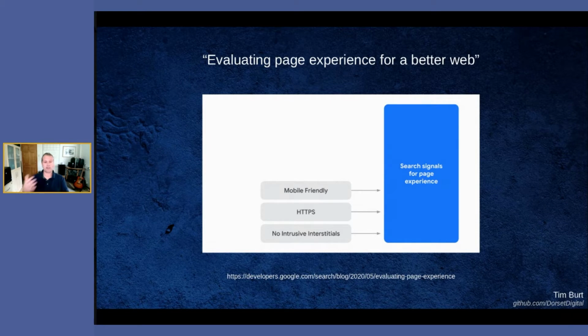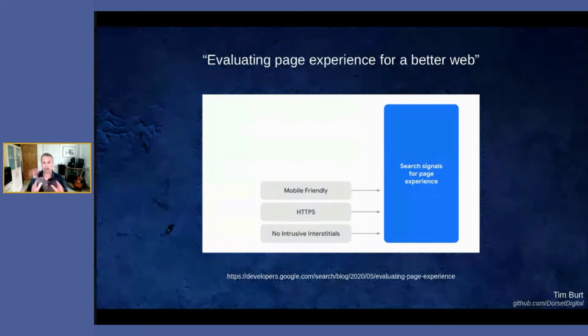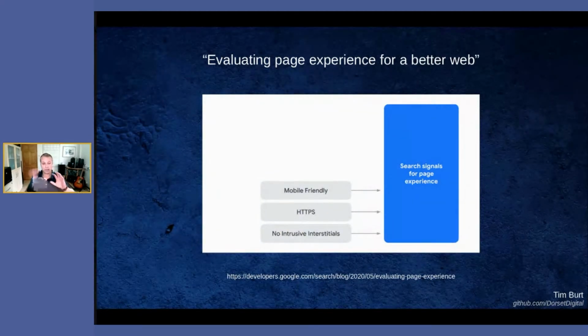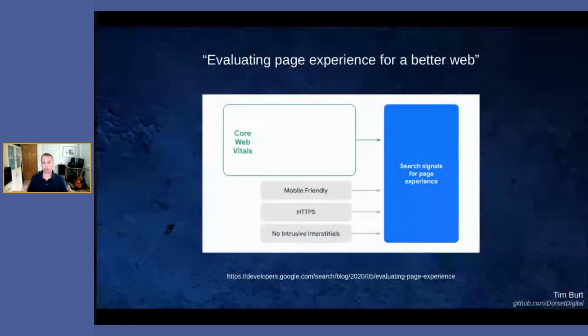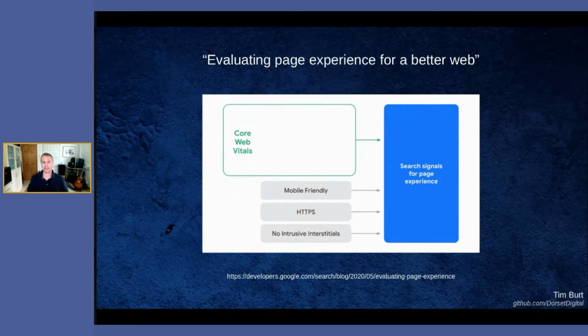Up to now, it had covered things such as whether your pages were mobile friendly, whether they loaded over HTTPS, and whether they had pop-ups and interstitials, all that kind of nasty stuff that Google really don't approve of. In May last year, they announced they were supplementing the page experience signals with Core Web Vitals. This diagram is straight off Google's blog post. The size of the box is significant because it represents a big influence over the page experience score, and hence as an ongoing ranking factor.